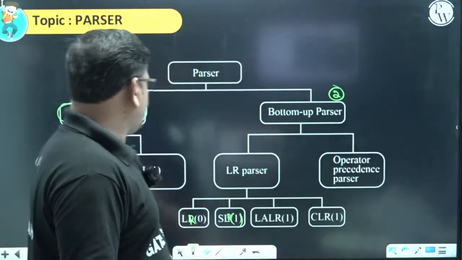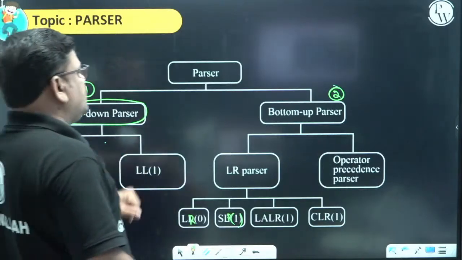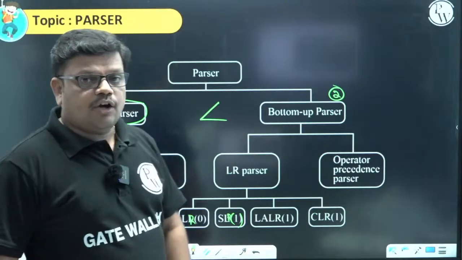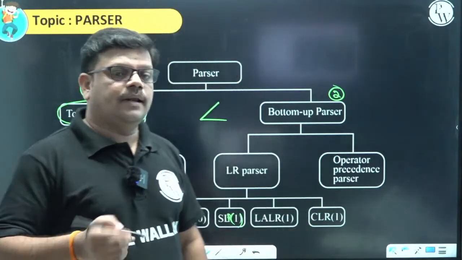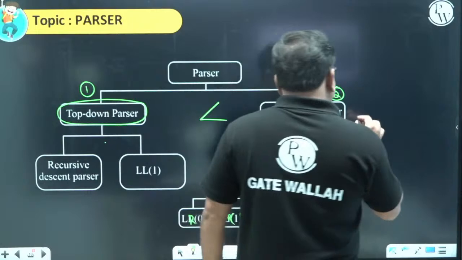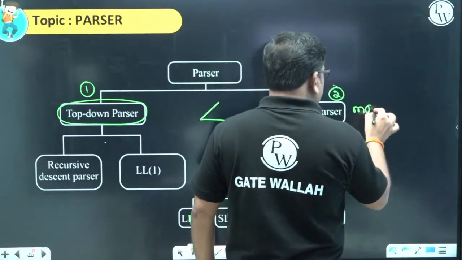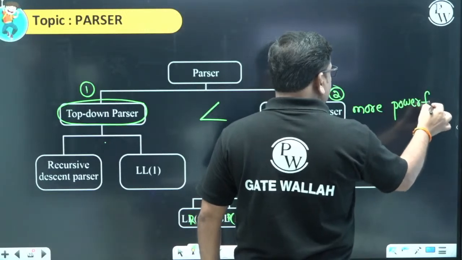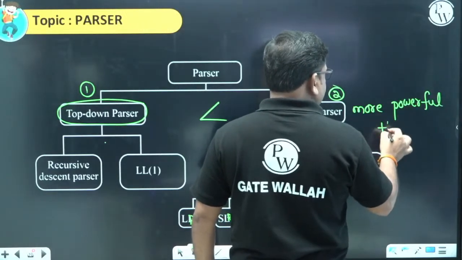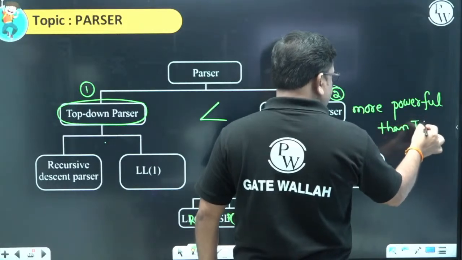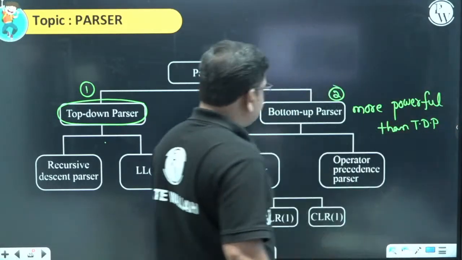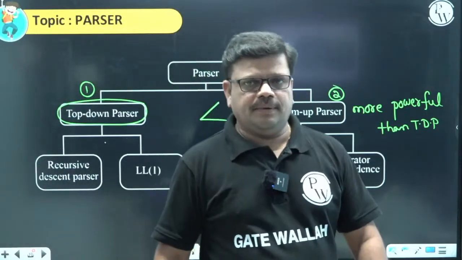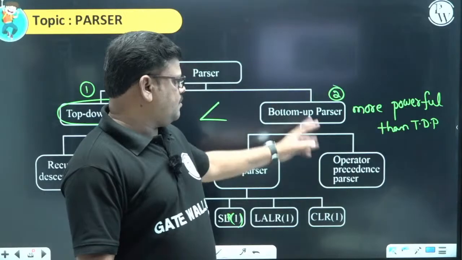That's why bottom-up parsers are more powerful than top-down parsers. Top-down parsers are less powerful compared to bottom-up parsers. So most of the time, even in GATE questions, we can expect the majority of questions from bottom-up parsers.